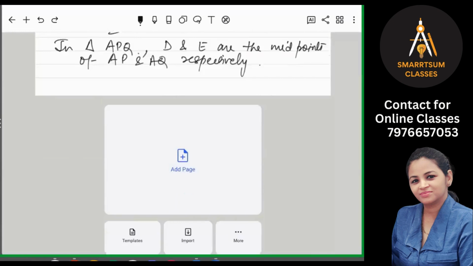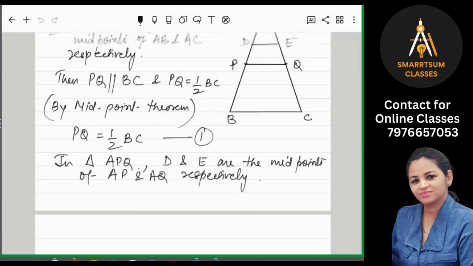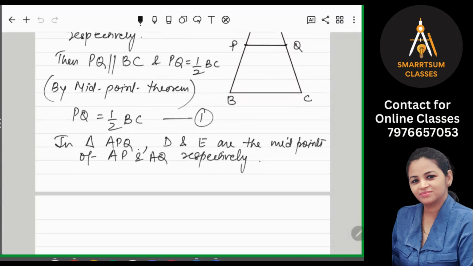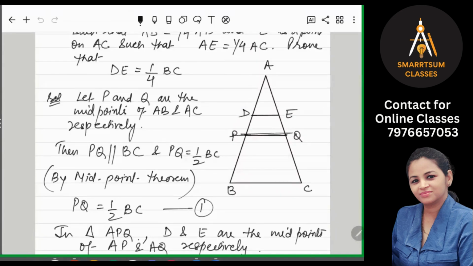Now, since they are midpoints, and the line joining the midpoints of two sides of a triangle will be parallel to the third side and equal to half of it, we can write that DE will be parallel to PQ. What is the third side here? The third side is PQ.